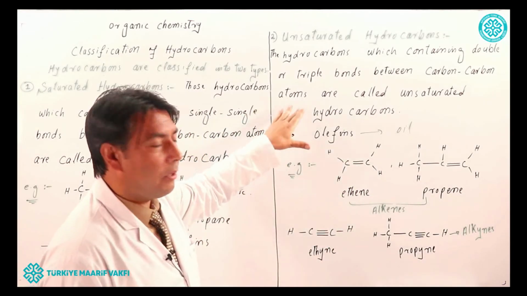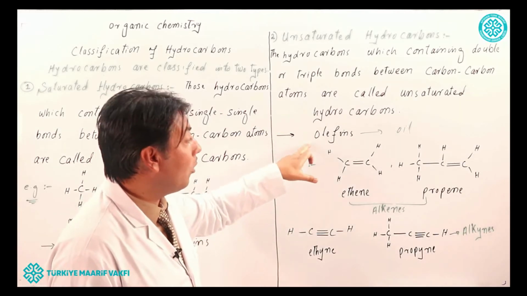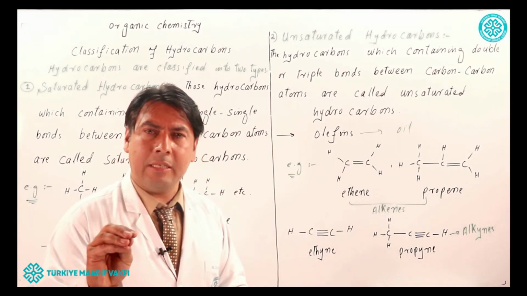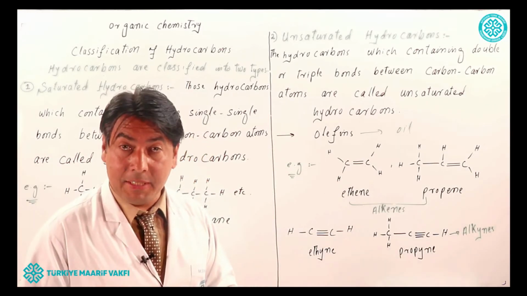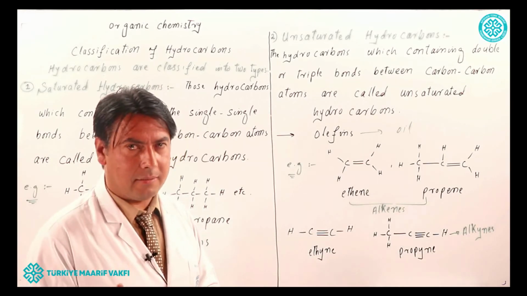These compounds are in liquid state or oils. Therefore, they are called olefins. The unsaturated hydrocarbons are further subdivided into two types, alkenes and alkynes.